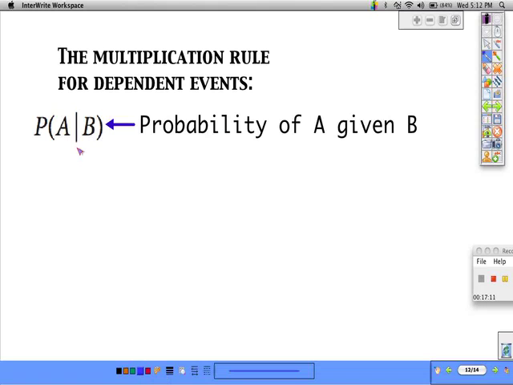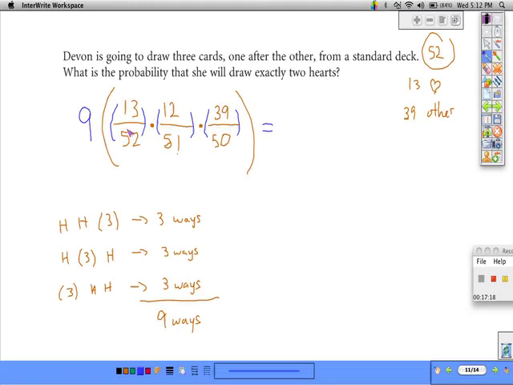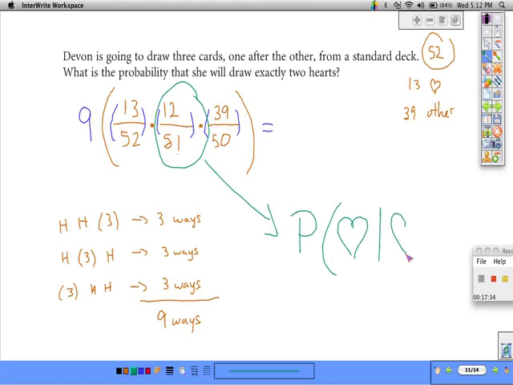And what we've just done is something called conditional probability. We're taking the probability of dependent events, because once I picked the first card, that changed the makeup. It changed the probability of getting a heart. So this quantity right here, this 12 over 51, that is the probability of getting a heart given that I already picked a heart.